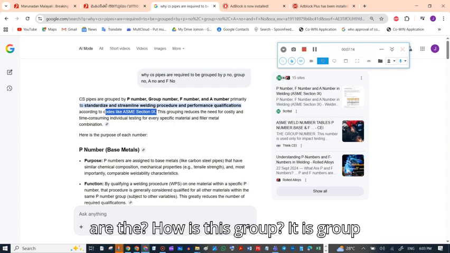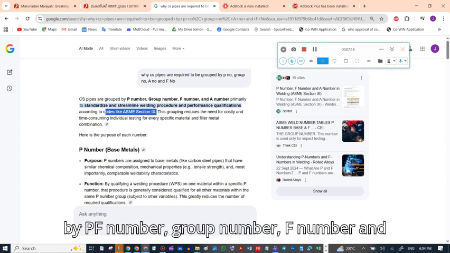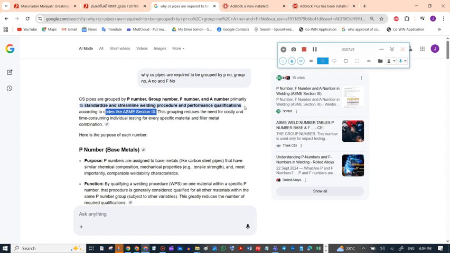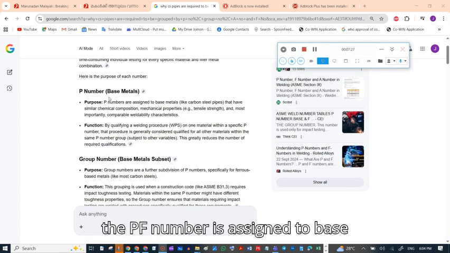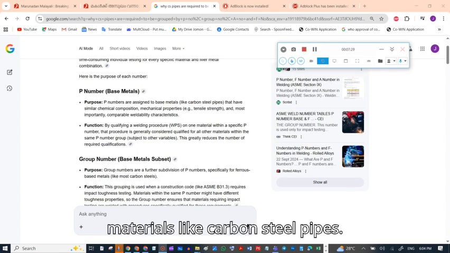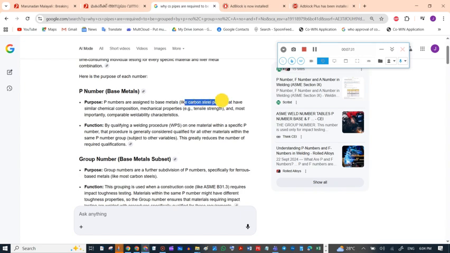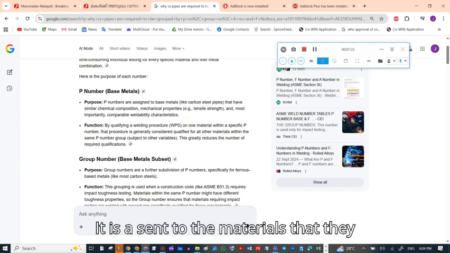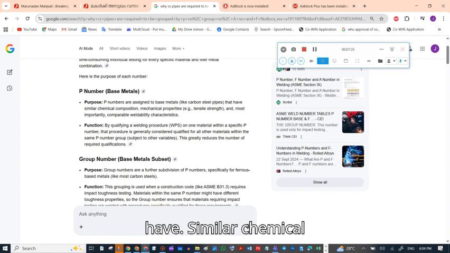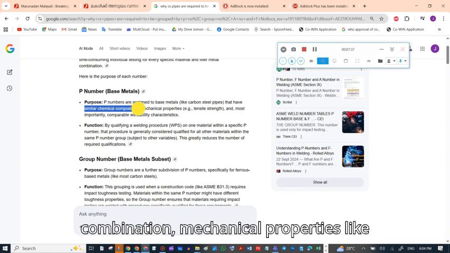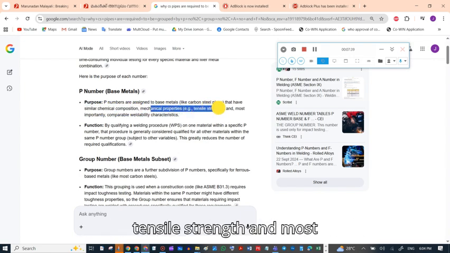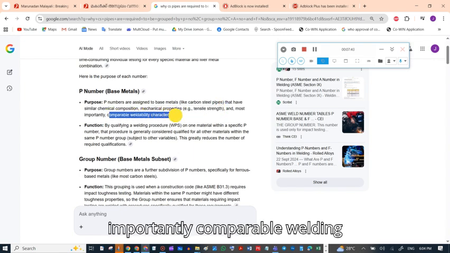So how is it grouped? It is grouped by P number, group number, F number, and A number. What is P number? The P number is assigned to base materials like carbon steel pipes. It is assigned to materials that have similar chemical composition, mechanical properties like tensile strength, and most importantly, comparable welding characteristics.